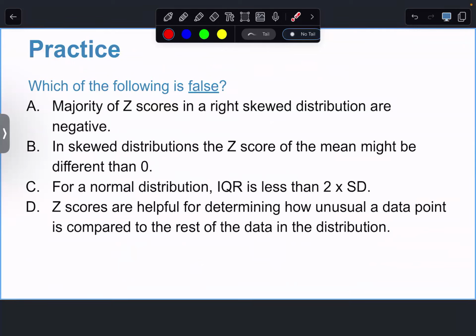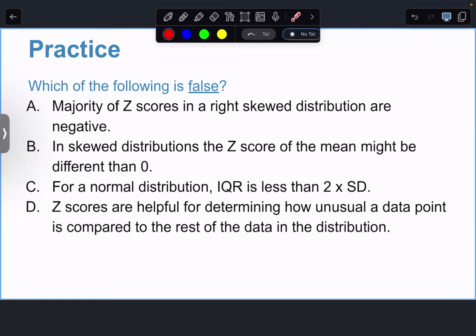So I want to talk about why some of these are true, except for the false one, because it gives us a good understanding of z-scores in general. The majority of z-scores in a right-skewed distribution are negative.